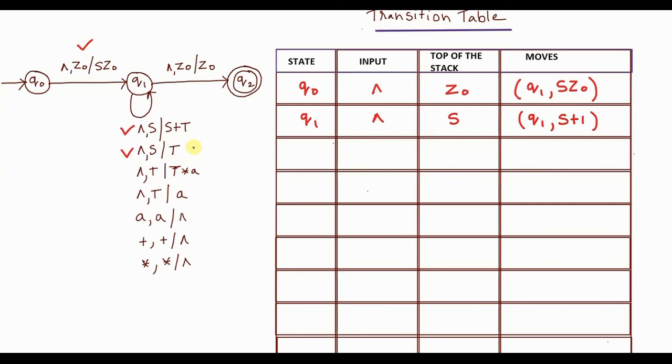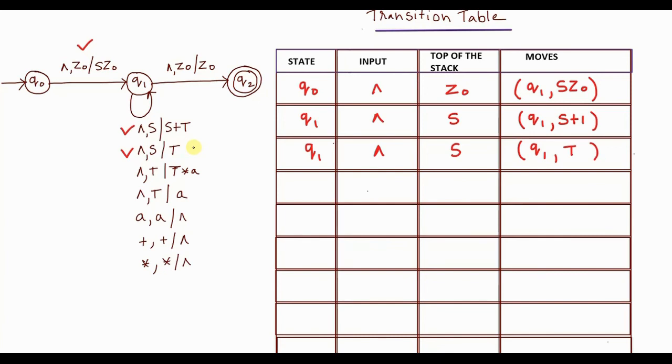Okay, so now for the next transition, again the current state is Q1 only. When null is read and S is on top of the stack, you remain in Q1, and what is the string that is pushed? T, right?